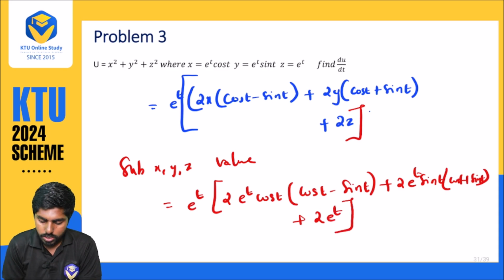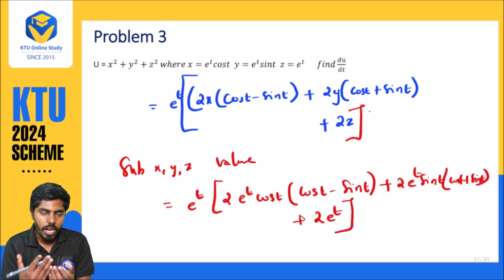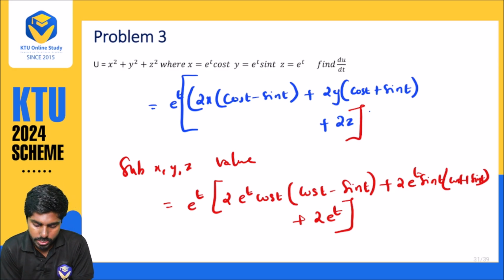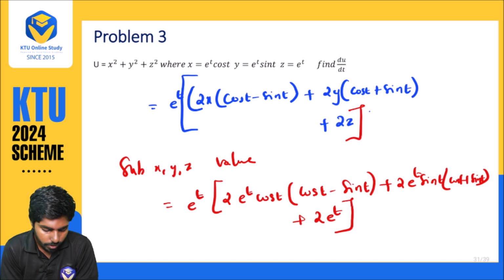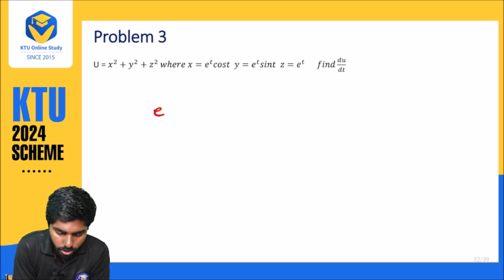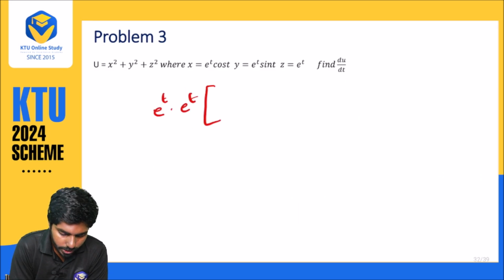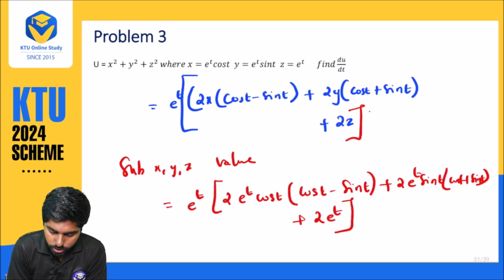So this is the thing. From here, you can simplify again by taking e power of t and multiplying cos t inside. We will be getting e power of t into e power of t common outside, and 2 also we are taking common outside.